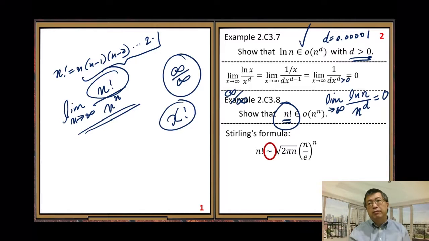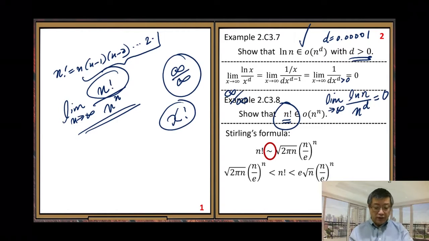So we want a different version of the formula so we can do better manipulation. The second version will be much better for our purpose. This one, we know whether it is larger or smaller, right? For n factorial, we have a lower bound approximation and an upper bound approximation.